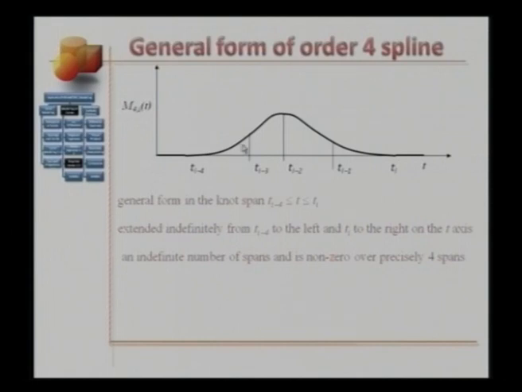So what will happen is M4I will be standing over an indefinite number of spans, only that it is going to be non-zero for values in between ti minus 4 and ti, which are precisely 4 spans, 1, 2, 3, and 4. I had mentioned before that this is called a fundamental spline, or the spline of minimal support. It is the minimum number of spans over which the spline can be non-zero.